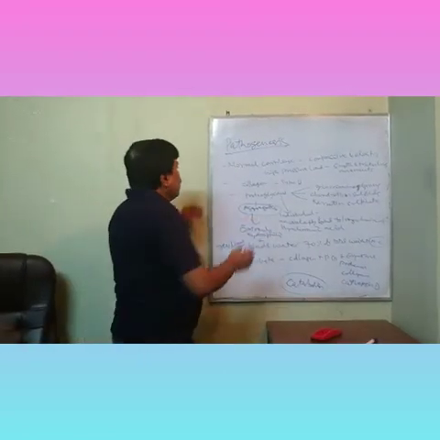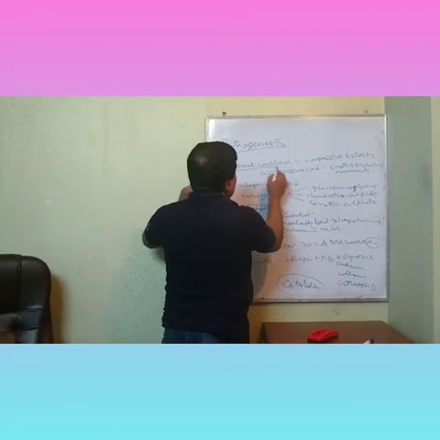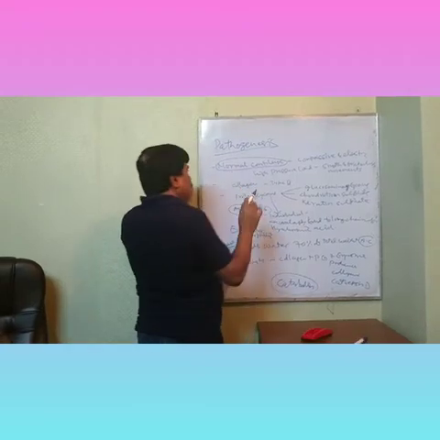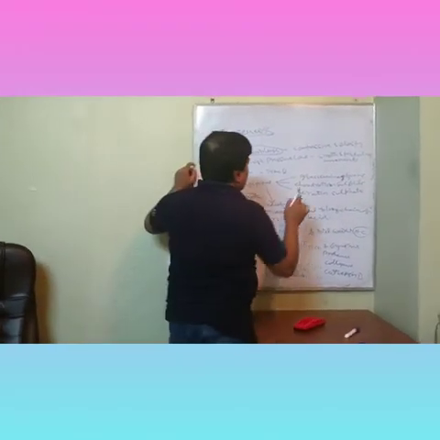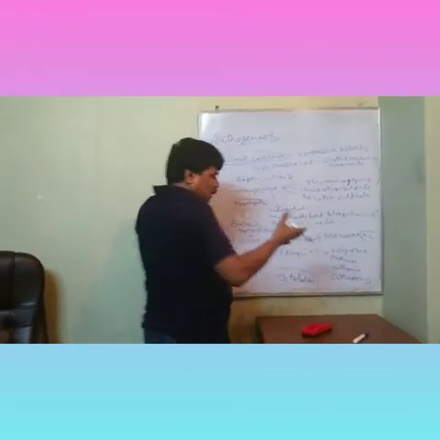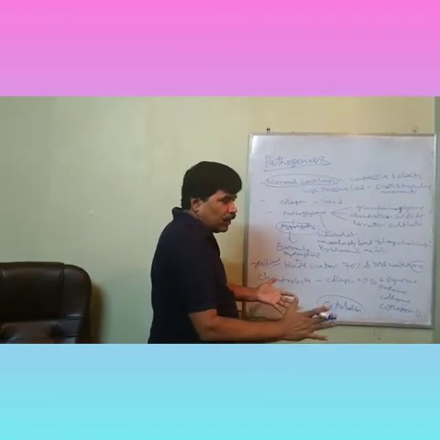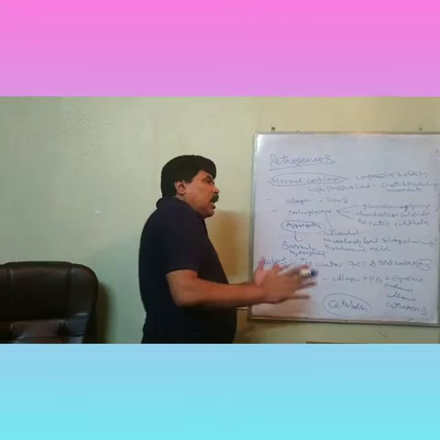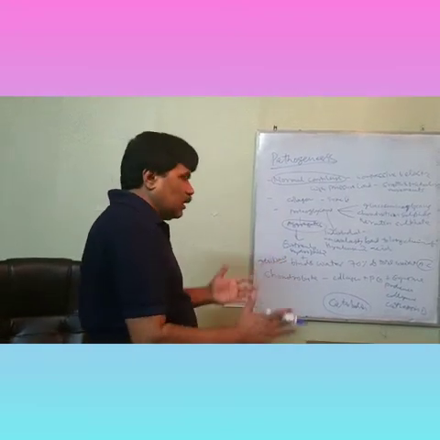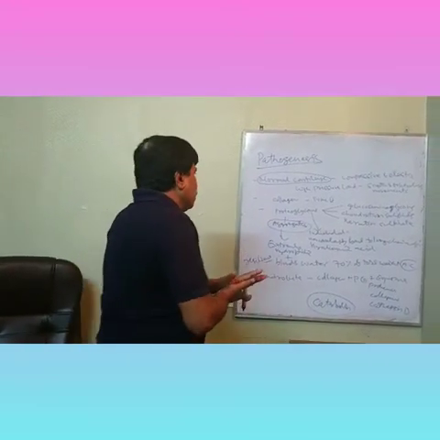So, what are the basic structures? Normal articular cartilage is compressive and elastic. It does not usually break. It is not hard like bone, but elastic and compressive.